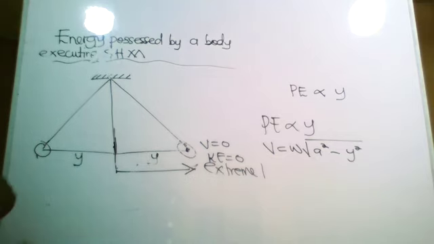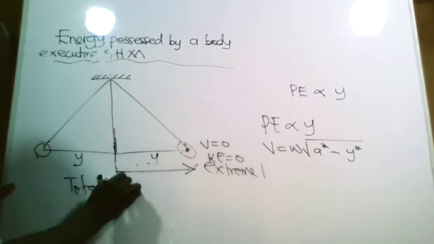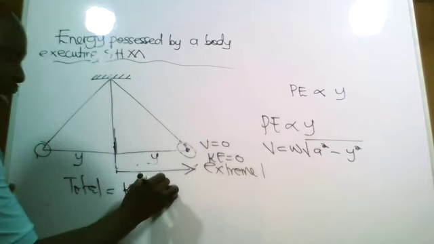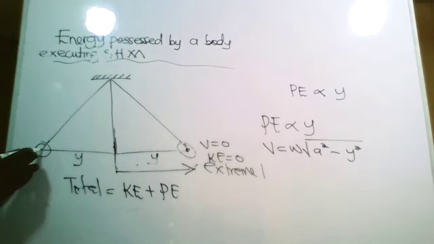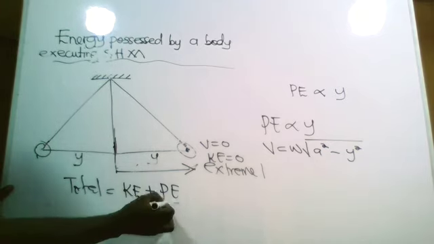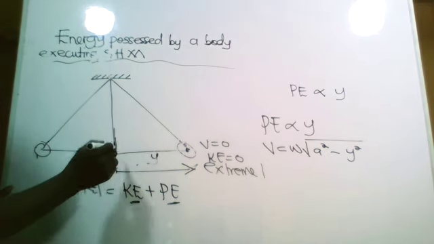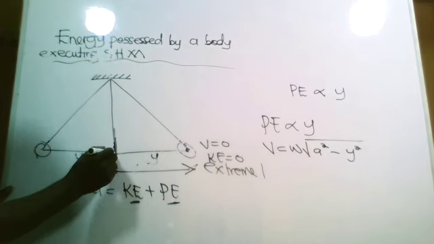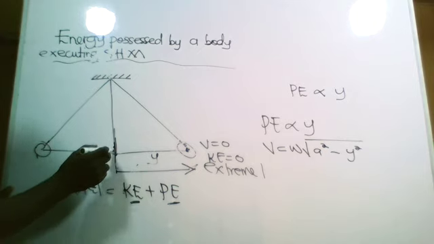So for an oscillating body, its total energy is KE plus PE. At the extreme, the total energy possessed by the body is equal to potential energy because KE is 0. At the mean point, the total energy possessed by the body is kinetic energy because PE is 0.